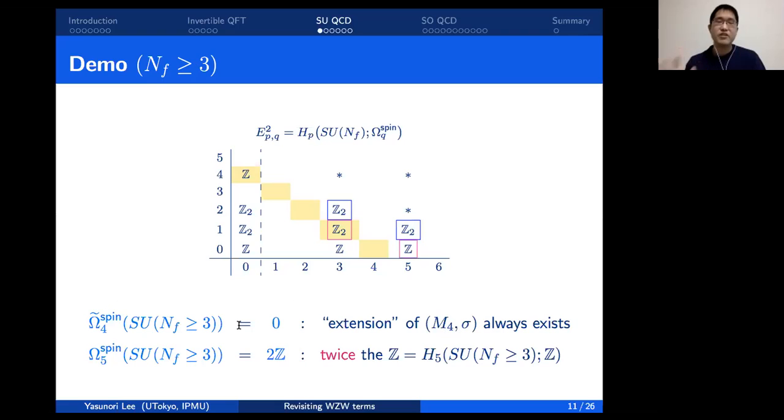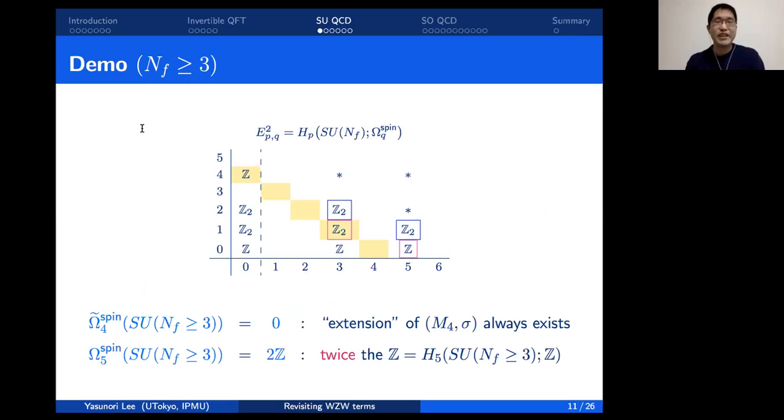So you have spacetime M4, and there might not exist such a W5 in the first place.